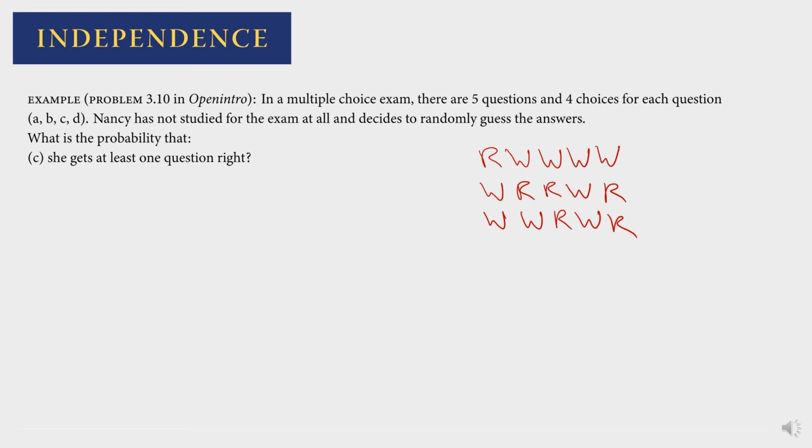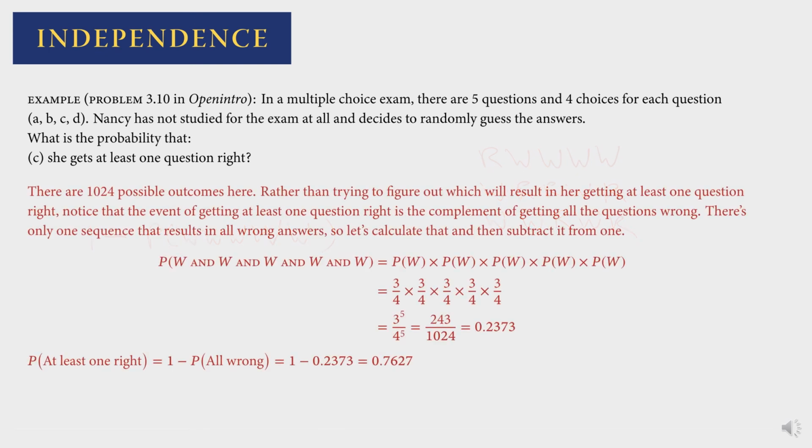Instead of trying to deal with all of them, it's easier if you notice that the event that she gets at least one question right is the complement of the event that she gets no questions right. We can find the probability of getting no questions right, P(W, W, W, W, W), and subtract it from 1. And that is 0.7627. So she's got a pretty good chance of getting at least one right.